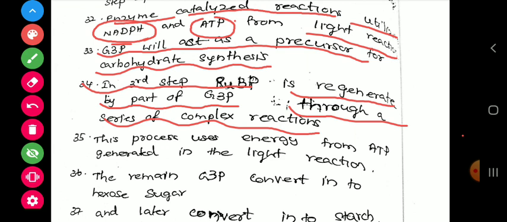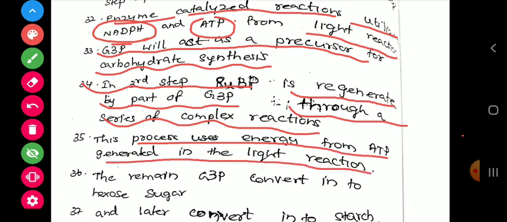In the third step, RUBP is generated by a part of G3P through a series of complex reactions. In the resource book, they have just said like this: RUBP is generated by undergoing a series of complex reactions. This process uses energy from ATP generated in the light reaction.